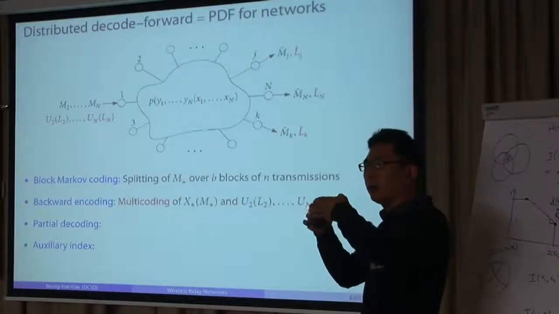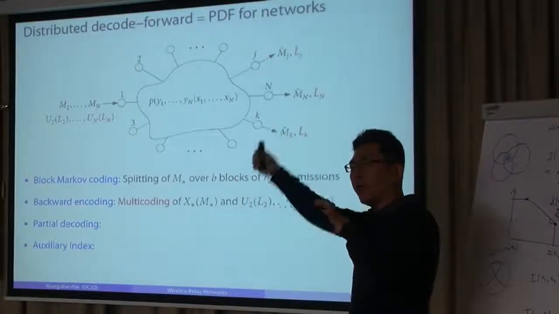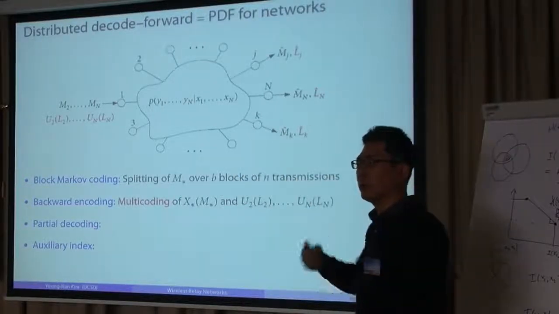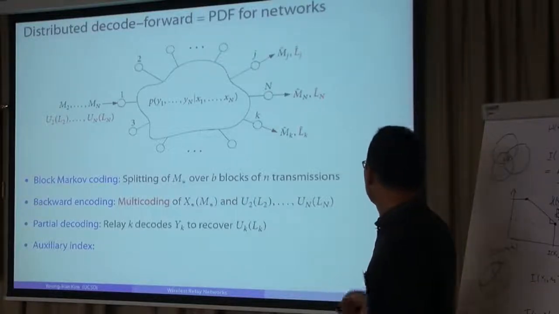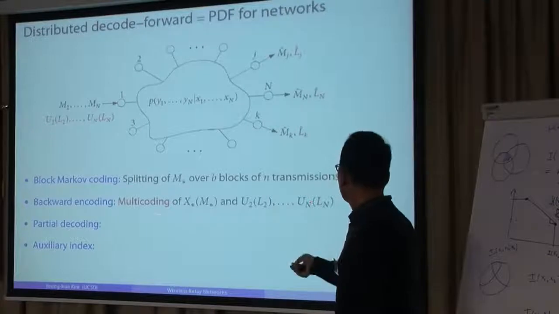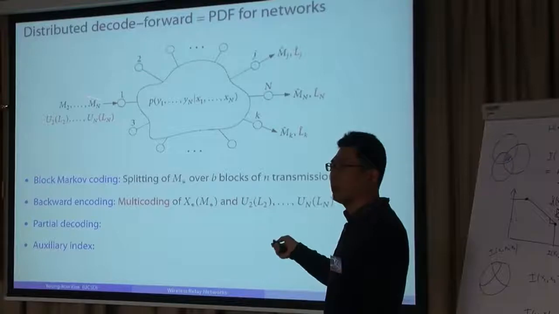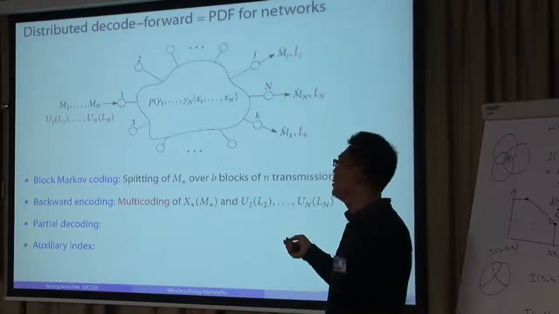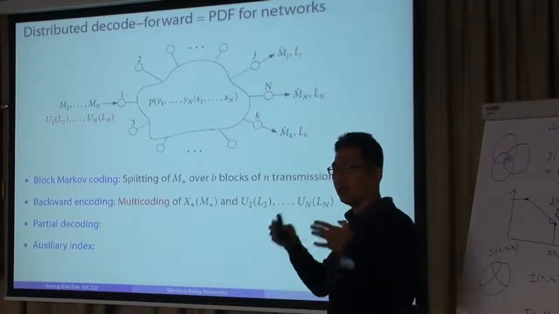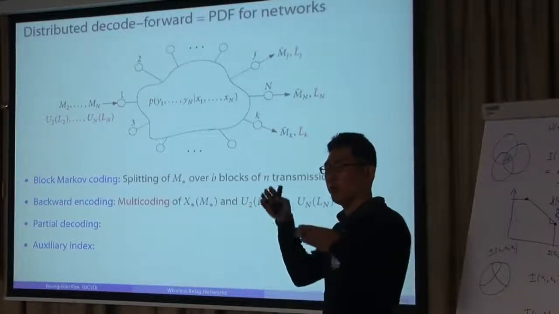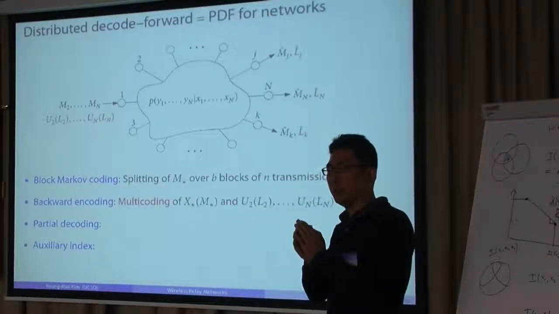We do something similar to Martin coding for all these blocks, starting from the last one and then propagating backwards. That is what we call backward encoding. After this stage, we can guarantee that all these U code words, which are virtual code words, and all the X code words we are going to transmit over the network, are jointly typical from block 1 to block B. For all blocks, whatever we are transmitting is jointly typical.